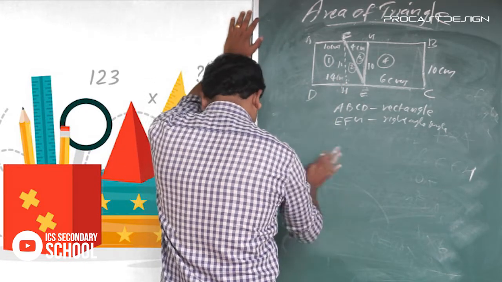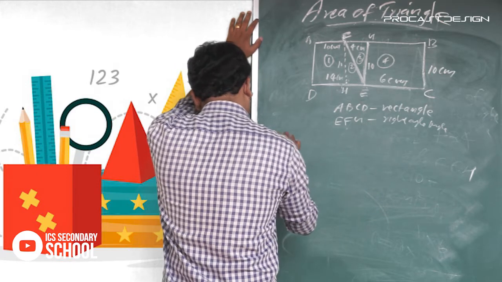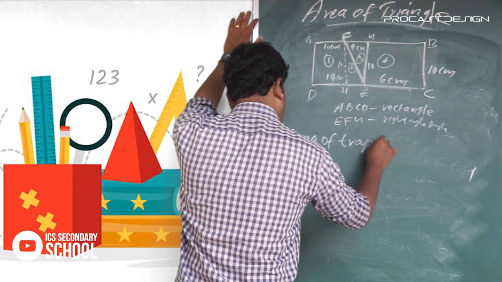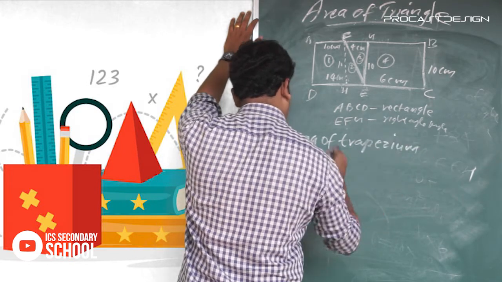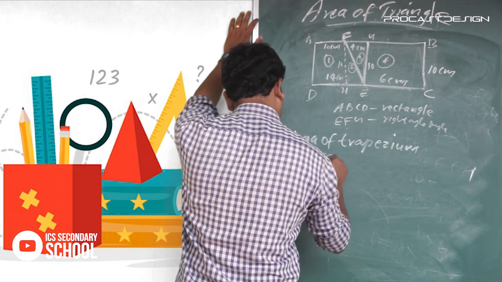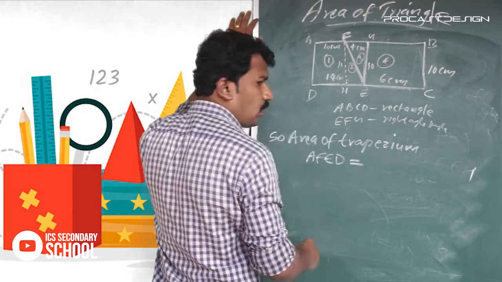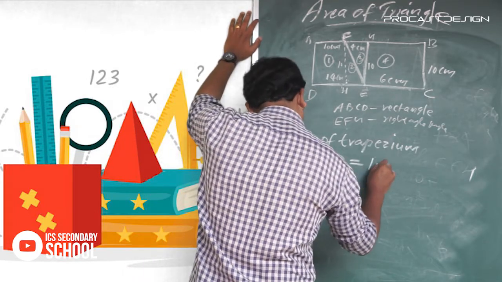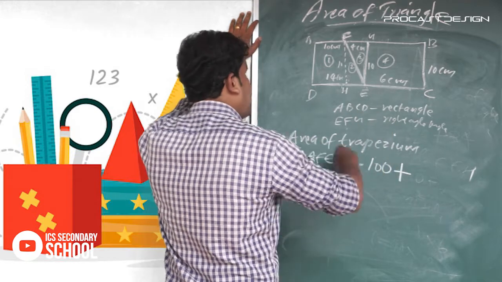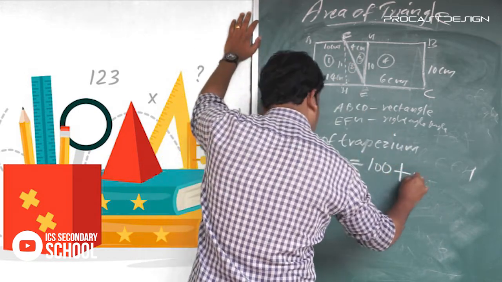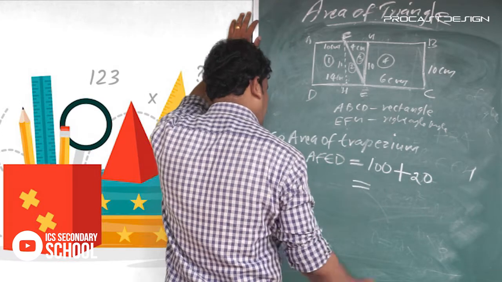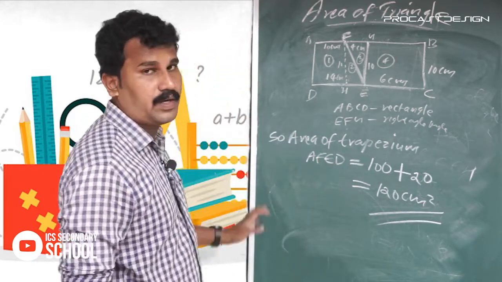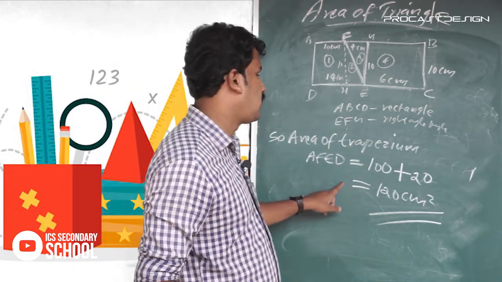So area of trapezium AFED equals area of rectangle, we got 100, plus area of right angle triangle, we got 20. So area of trapezium AFED equals 120 centimeter square.